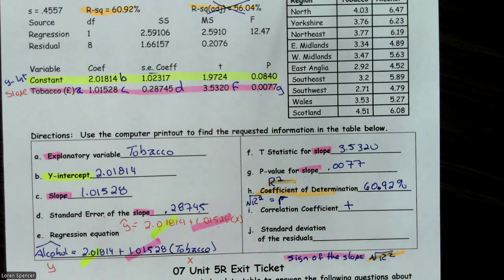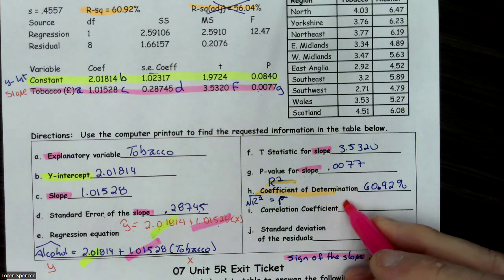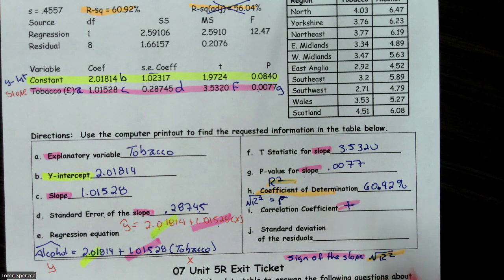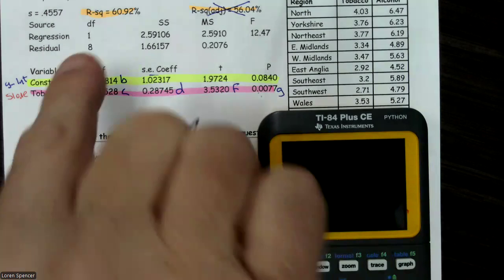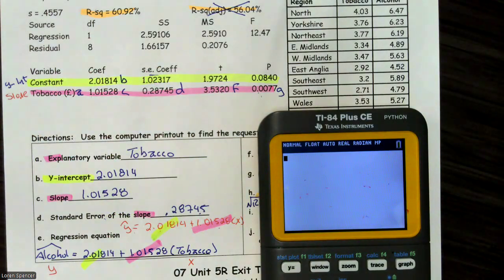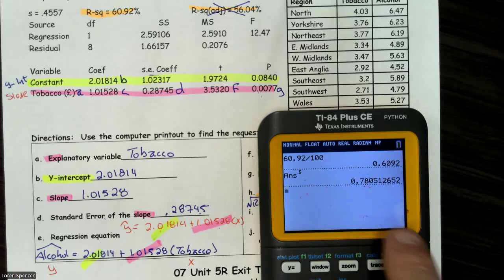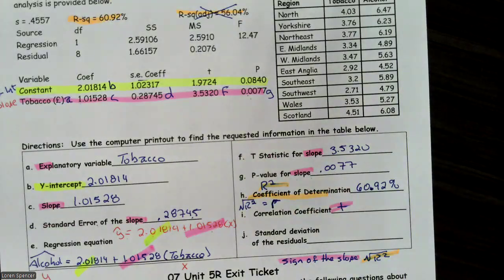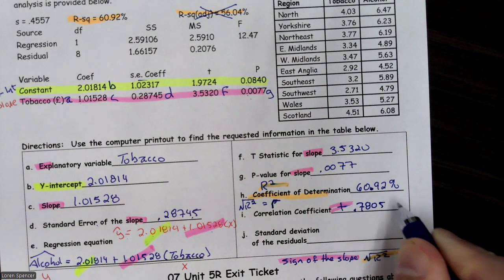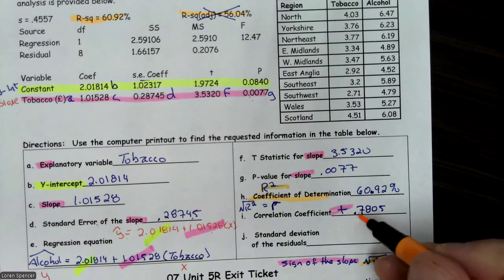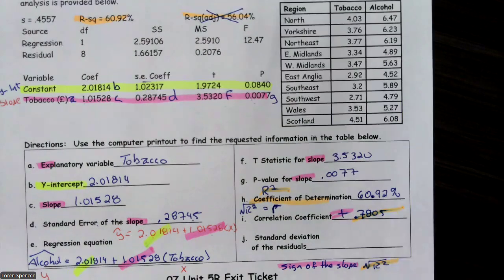So I'm going to have a positive slope. Now, I don't have to put the plus sign, but I'm putting it here so that you recognize it as positive. And we need to take the square root of r squared. Well, to do that, first off, I need to take r squared and turn it into a decimal. So 60.92 divided by 100. And then I'm going to just raise it to the half power, and we get 0.7805. Positive 0.7805. And that came from the square root of our r squared.